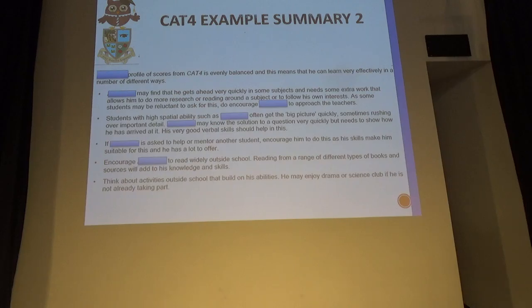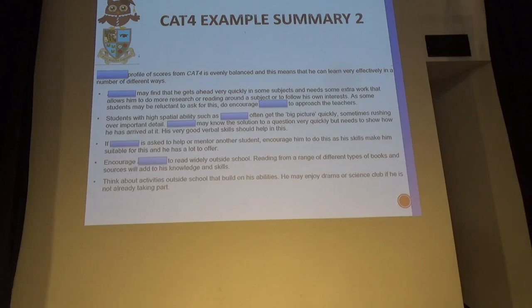This child is evenly balanced, so that means that their verbal and their spatial ability are fairly close to each other. Often they will give advice like reading a large range of books, for example, and building on abilities at school, some kind of clubs and ECAs that they might benefit from participating in as well.